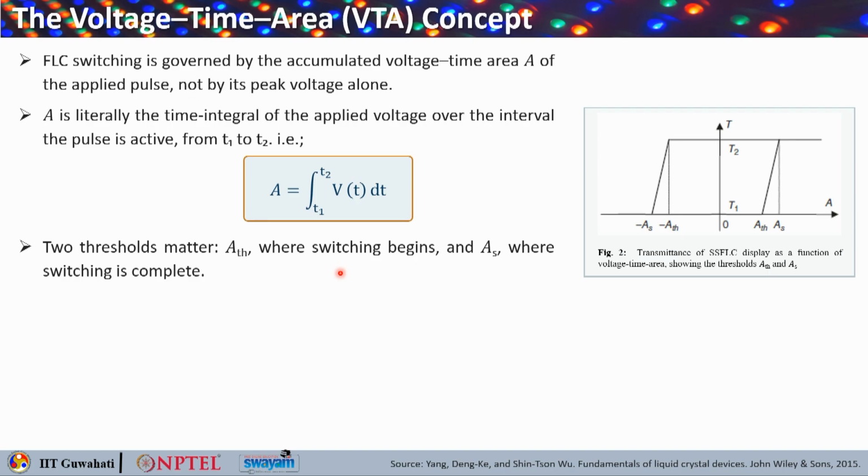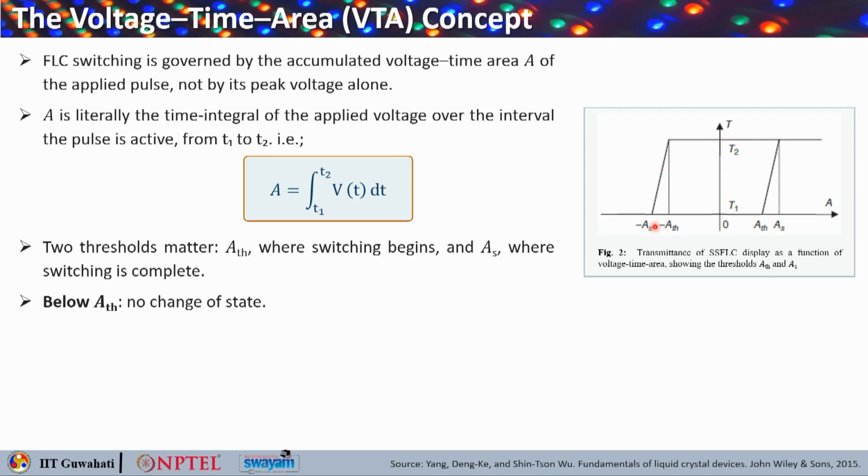So, that is why you will see two thresholds: one is called A_TH, which is basically the onset of switching, and another is A_S, which is basically the completion of switching. Okay. So, these are the two thresholds involved, and in this particular figure where you are plotting the transmittance versus the voltage-time-area, you finally see an S-shaped curve with two knees.